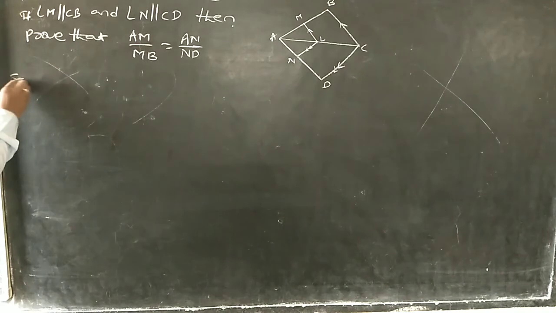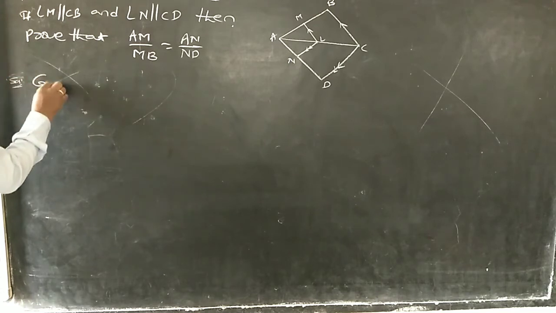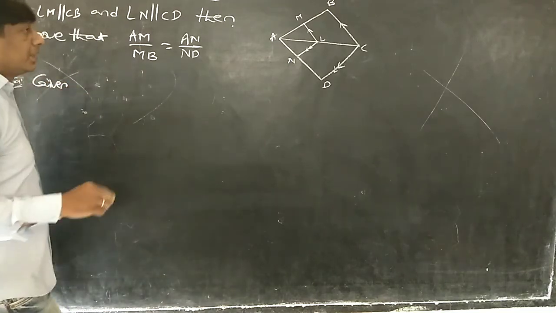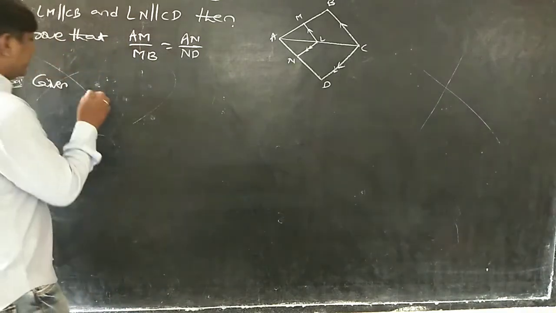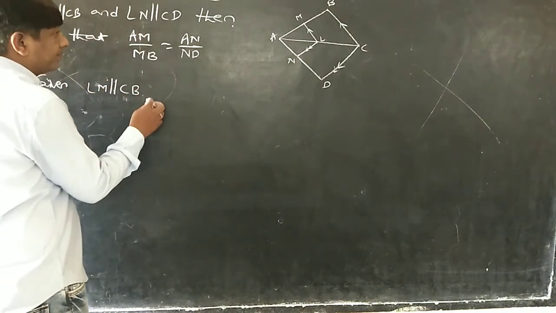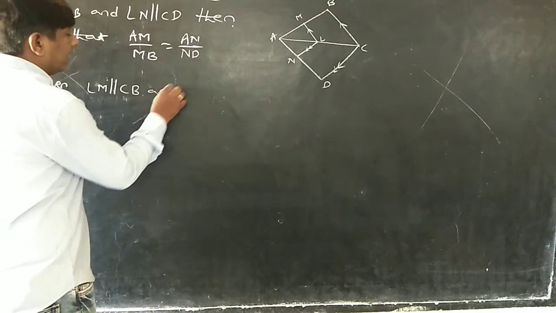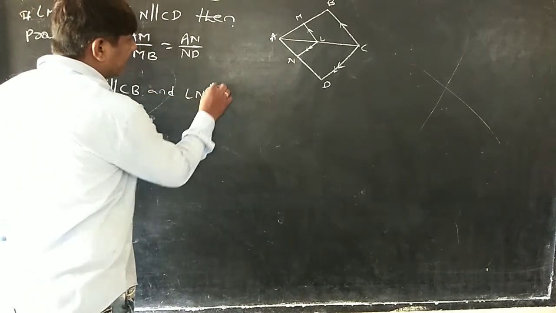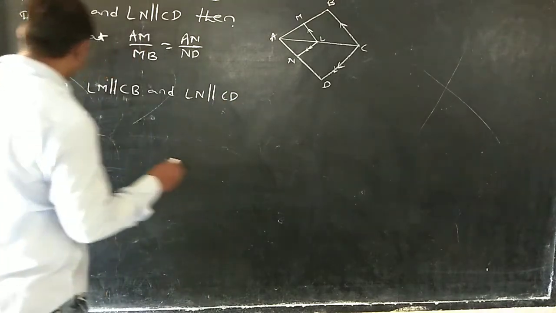See now. In this one, what they given here in the solution is: LM is parallel to CB they given, and LN is parallel to CD they given.